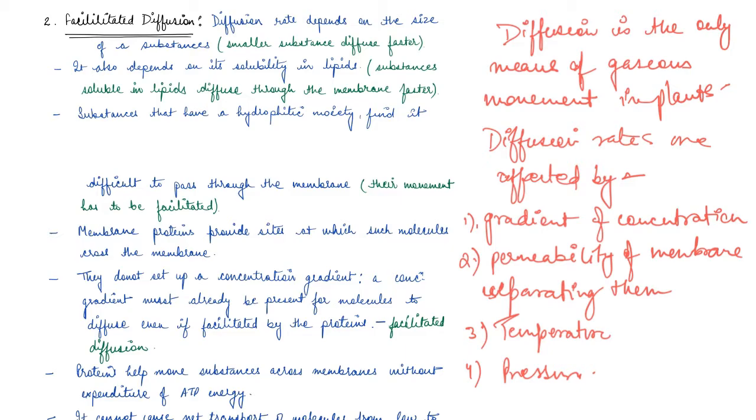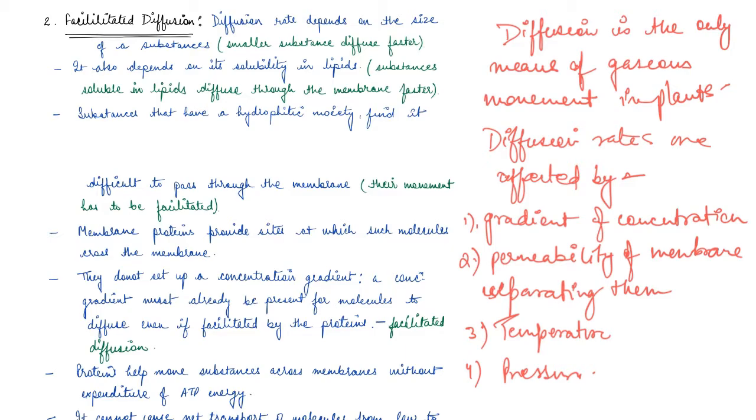It means that smaller substances diffuse faster. Diffusion of any substance across a membrane also depends on its solubility in lipids, because lipids are the major constituent of the plasma membrane.